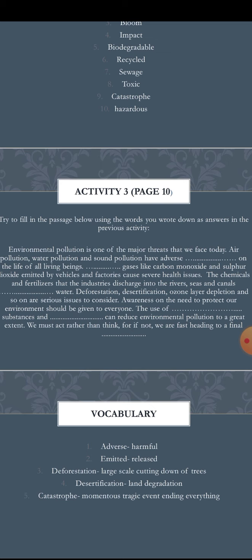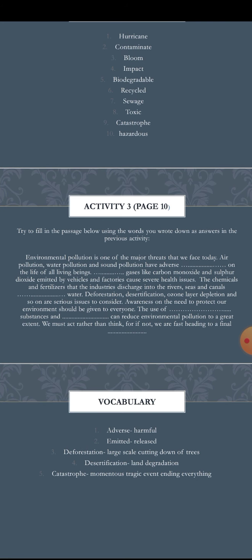So gases which are very poisonous like carbon monoxide and sulfur dioxide, when it is released by vehicles and factories, they cause health issues. So what is the gas called? If it's poisonous, which is the word for it? Hazardous. So hazardous gases like carbon monoxide and sulfur dioxide emitted by vehicles and factories cause severe health issues.